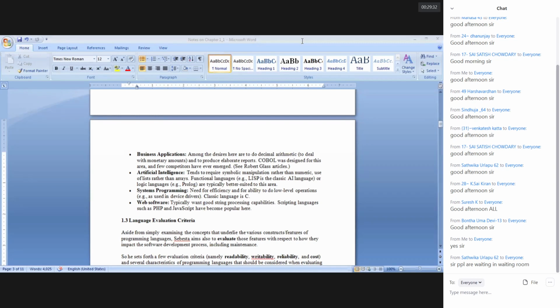Now, web software. Typically, web software. You know what kind of programming languages generally are used over there. They want good string processing capabilities. You will put a request. You will fill a form, right? In a web.